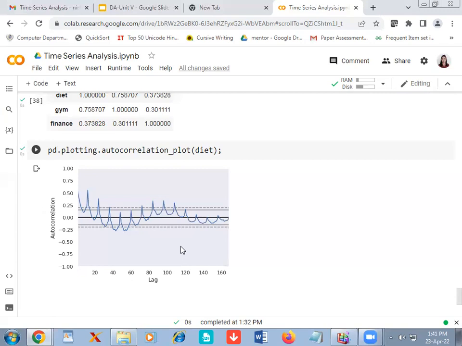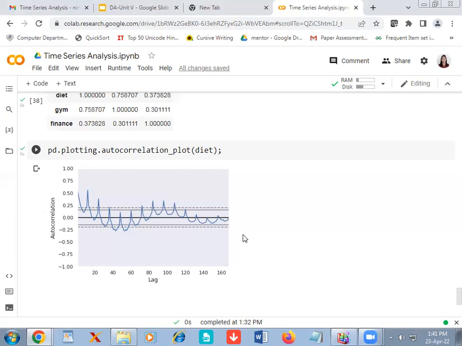So you can say that the diet series is autocorrelated with a lag of 12 months. As soon as 12 months end, it catches its peak again. So you identify that seasonality is a 12-month repetition. The conclusion is that 12 months is the repetition period for my seasonality.